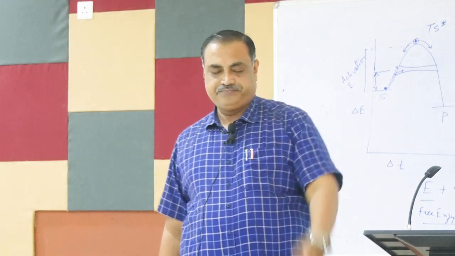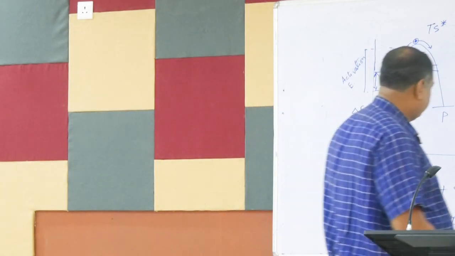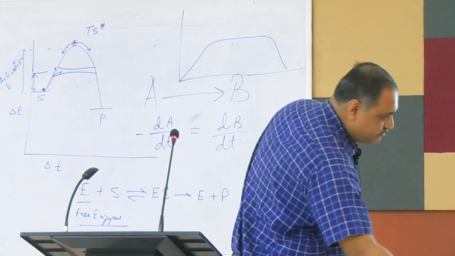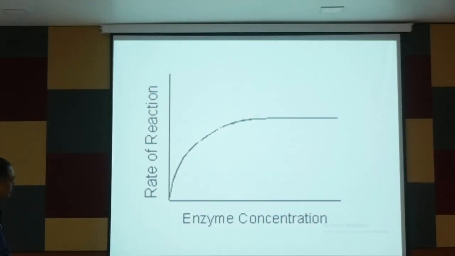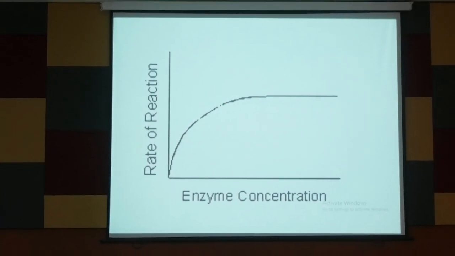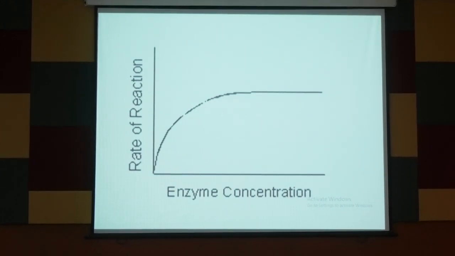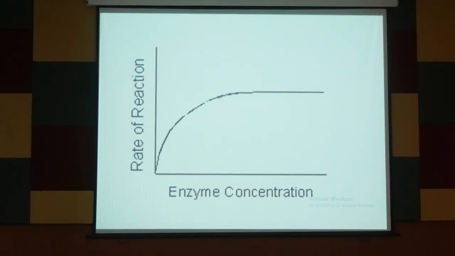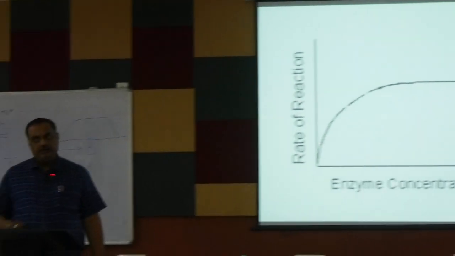Fine? But when substrate concentration is a limiting factor, then this will happen. Okay? So a good student can depict both the diagrams and explain it. It will be very good.